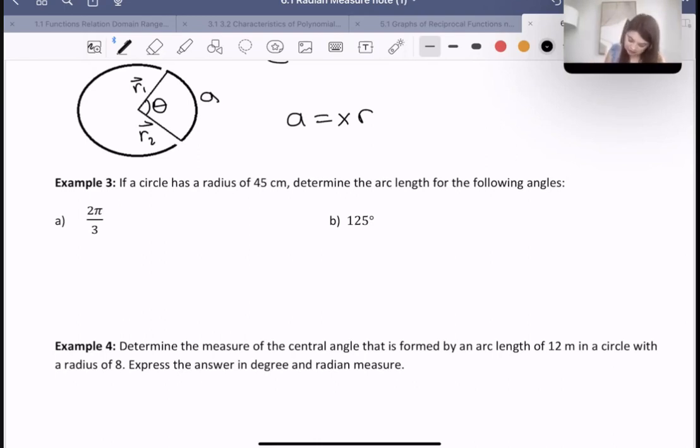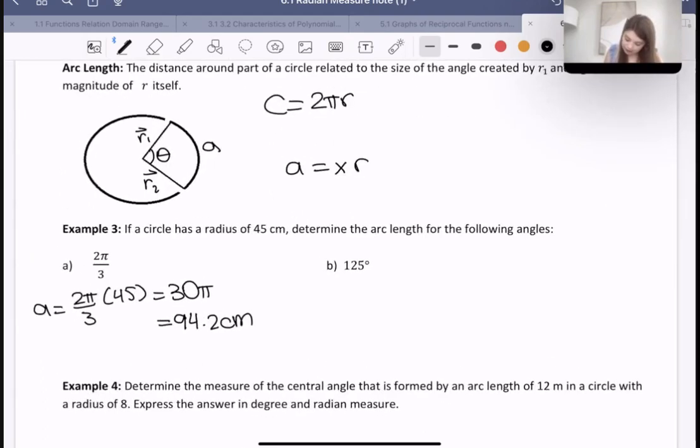So in this case, it's going to be 2 pi over 3 times the radius, which is 45. And that's going to be 90 over 3 pi, which is 30 pi. So 30 pi is our answer, which is about 94.2 centimeters.